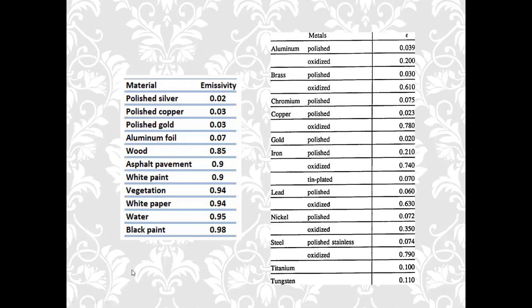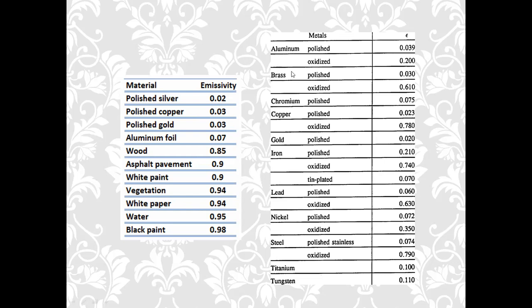Now, here is a list of materials and their corresponding emissivities. If we have polished silver, you have 0.02, polished copper is 0.03, and polished gold is 0.03 as well.